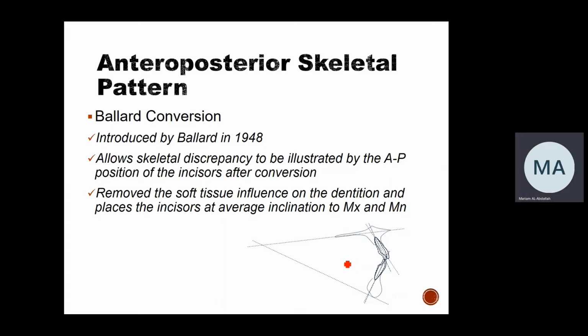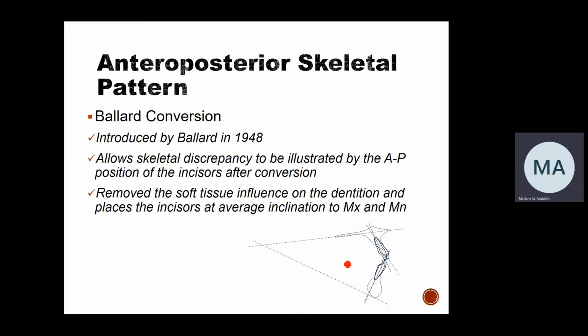Any patient that has a skeletal discrepancy plus favorable soft tissues, then the soft tissues, the tongue, the lips, the cheeks, will try to mold the position of the teeth in order to reduce the severity of the underlying skeletal discrepancy. So, for example, for class 2 patients, the soft tissues, if favorable, usually try to retrocline the upper incisors and procline the lower incisors to reduce the severity of the malocclusion.